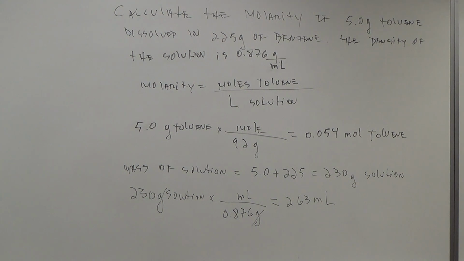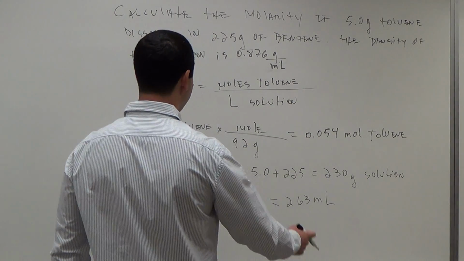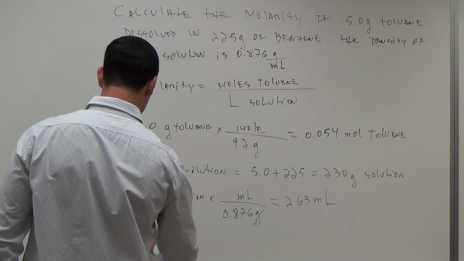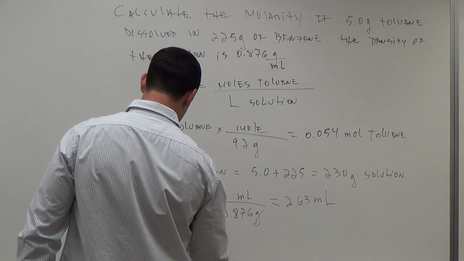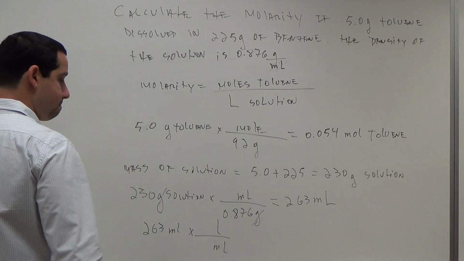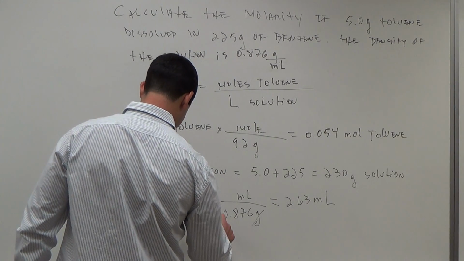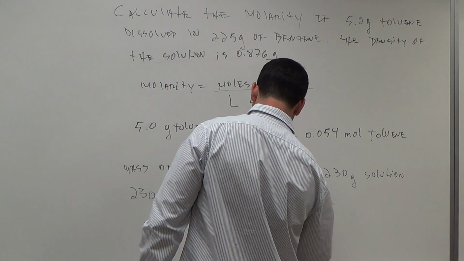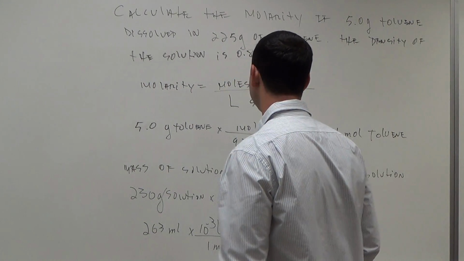Yes. And you need to convert to liters. Now I need to have this in liters so I can write it down there. So this is 263 milliliters, so this is 0.263 liters.